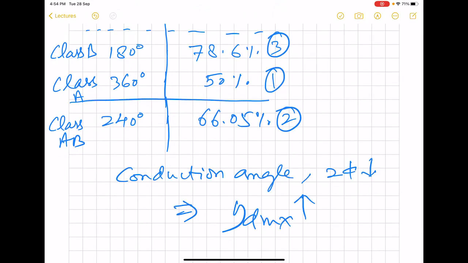So we certainly want to have a very high efficiency, but ultimately we also want a certain amount of power to be delivered to the load also.